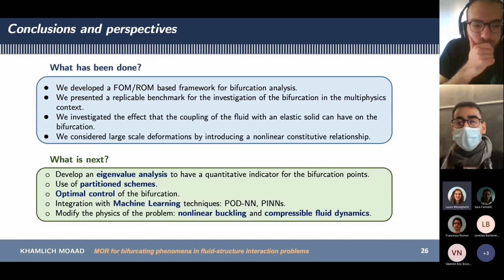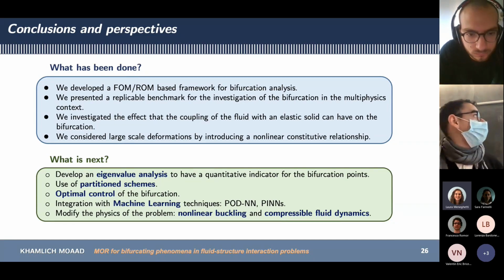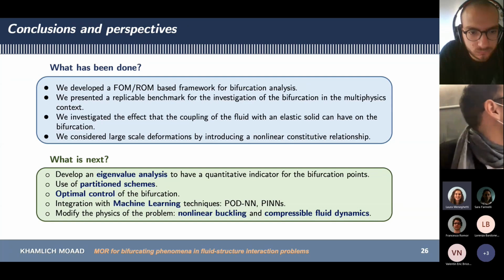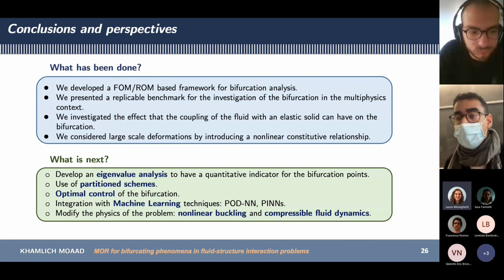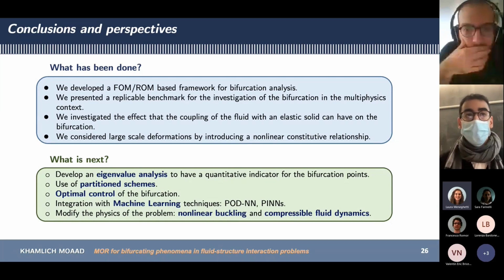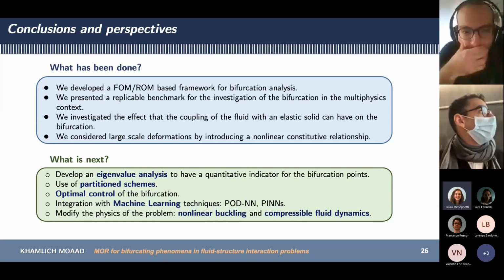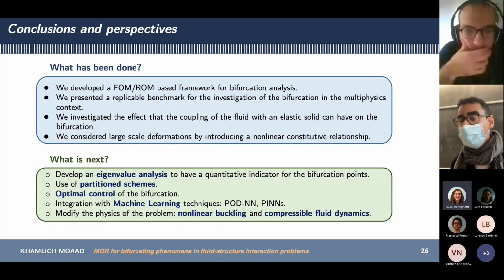And moreover, one thing which can be done is to investigate some sort of control on the stability properties of the solution in order to drive the bifurcation, and this can be done through some optimal control approach.